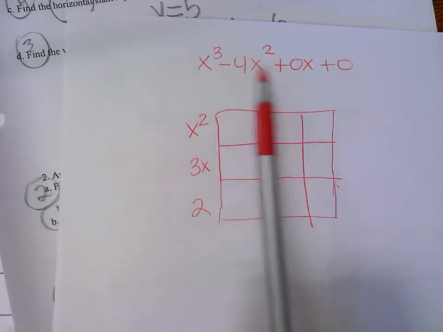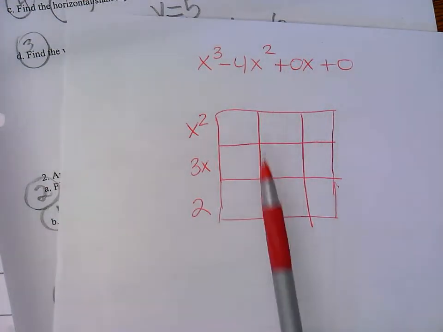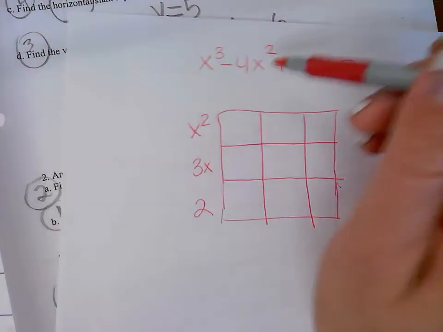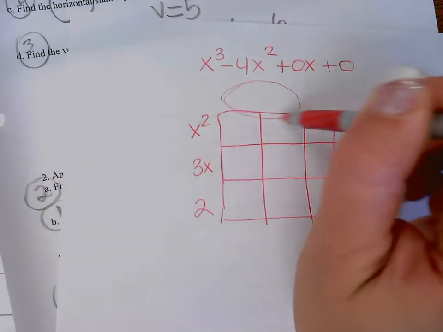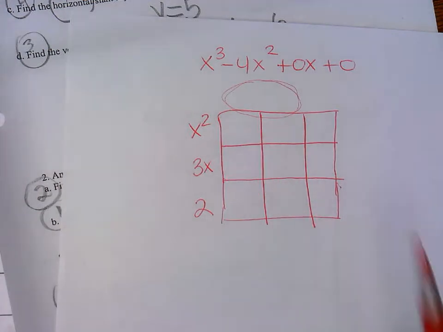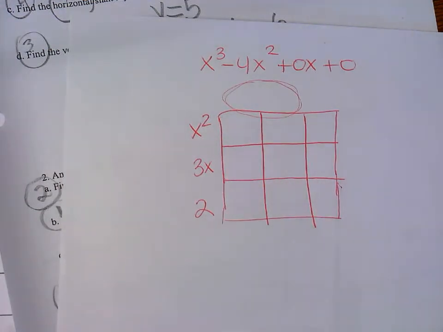This is going to be our dividend that's going to show up inside the box. This is our divisor, and our asymptote is going to be up here at the end. It's going to be whatever our quotient was. So you can expect to have to do division at least once or twice on your test. Probably once in like the multiple choice section, and then once when you have to physically graph it.